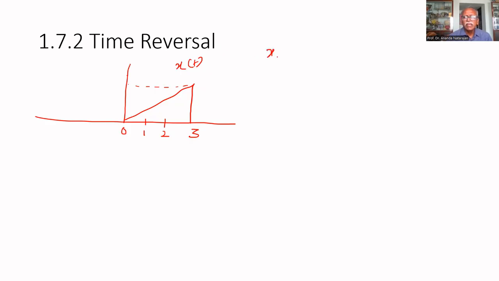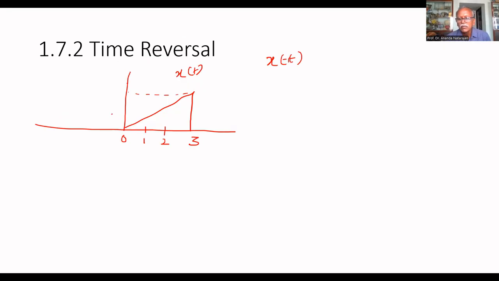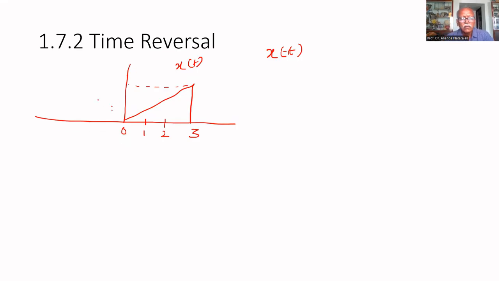Finding x of minus t is called the time reversal. It is nothing but the mirror image of the signal about the y-axis.